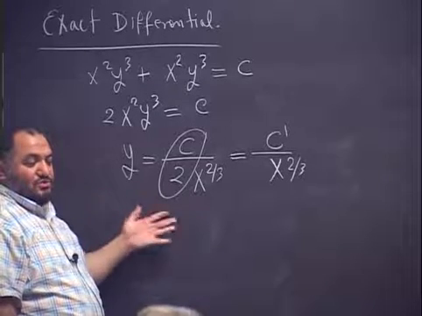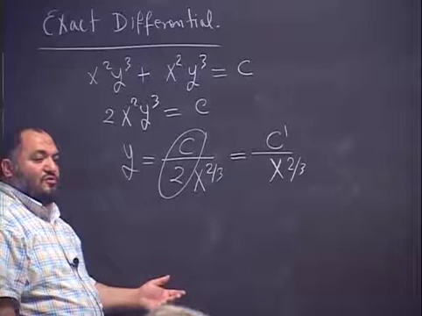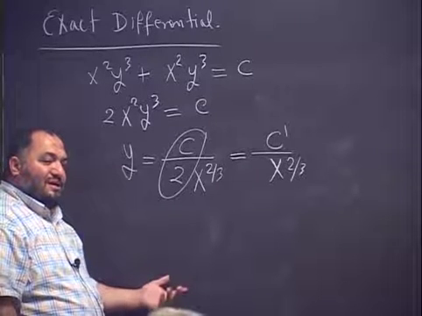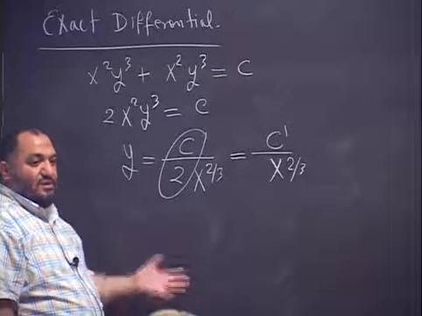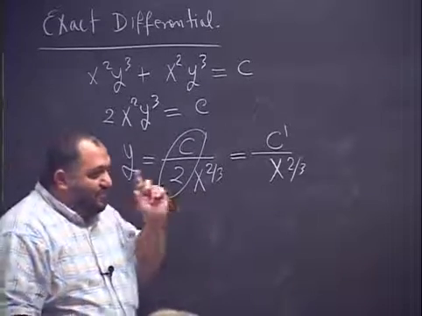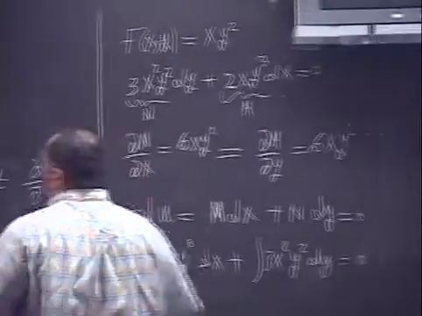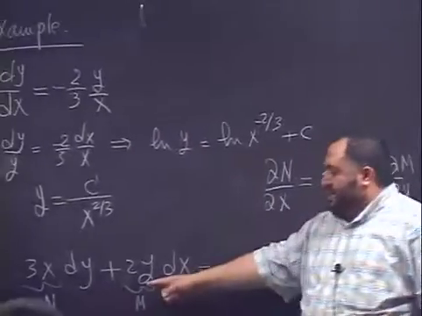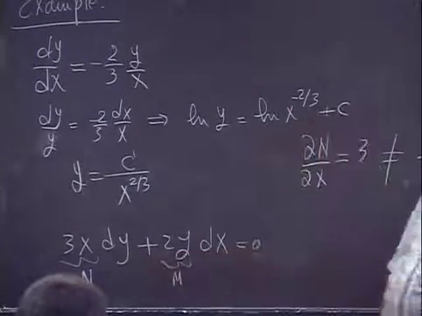Okay, guys? So we showed that the sufficient and necessary condition for exactness is dn by dx equal to dm by dy. If it's not equal, think about something. And when you think about something, you will say, okay, this equation here, how will I make it d by dx here equal to d by dy?